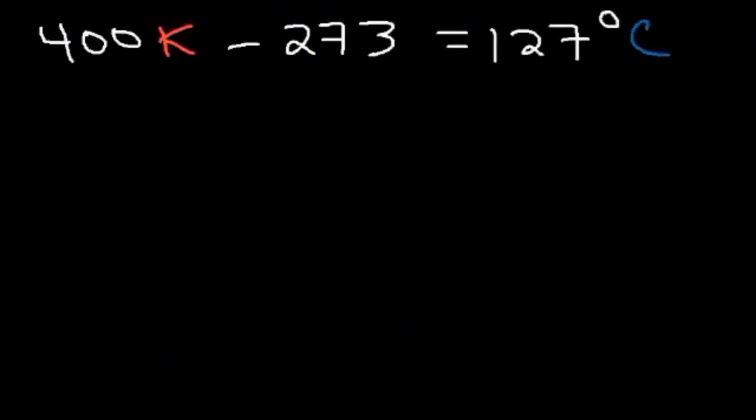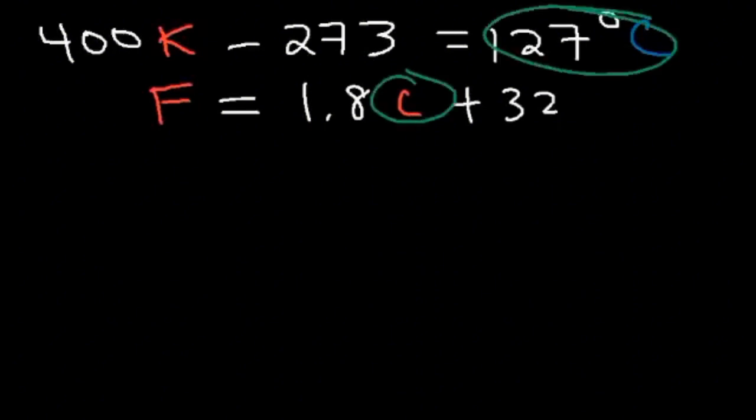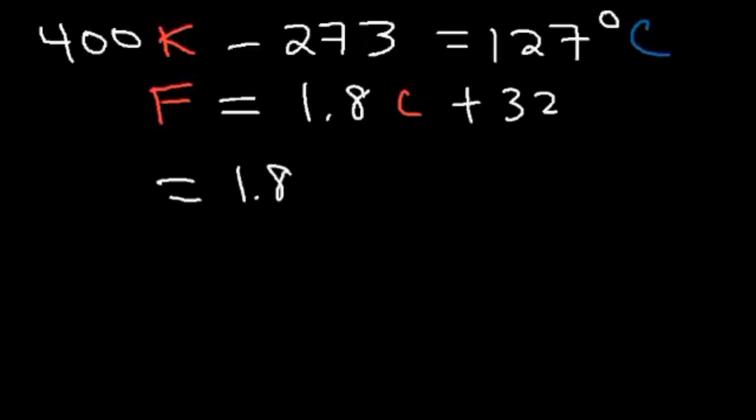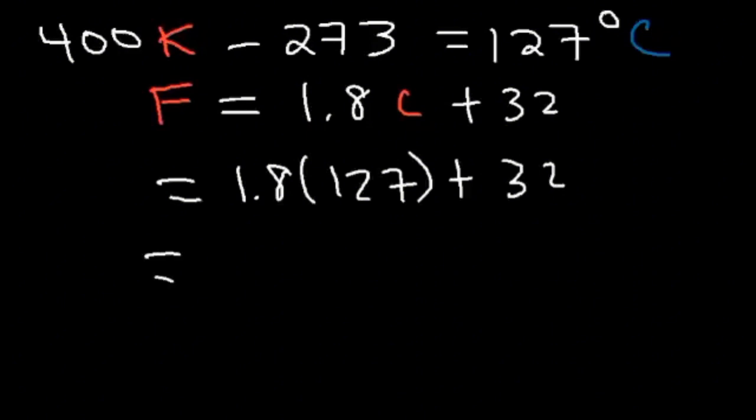So now let's calculate the Fahrenheit temperature. So Fahrenheit is equal to 1.8 times the Celsius temperature plus 32. So let's replace C with 127. So it's going to be 1.8 times 127 plus 32. 1.8 times 127, that's about 228.6, and let's add 32 to that result.